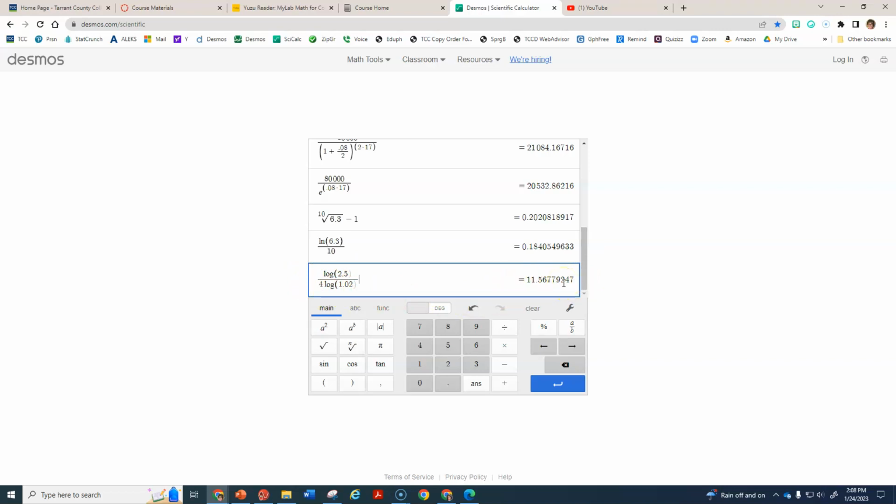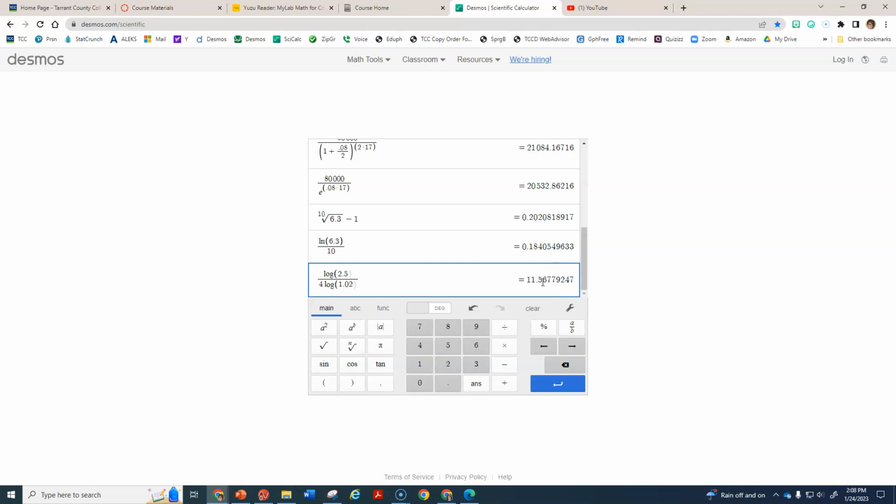And this is how many quarters you need. So when you're doing time, you're not ever going to get to invest something for part of a period. So you're always going to round up, because it's going to take 11.56 quarters to get up to 25,000. They're not going to let you have 0.56 of a quarter, so you can't drop down to 11 because you won't have $25,000, so you'll have to go on up to 12.